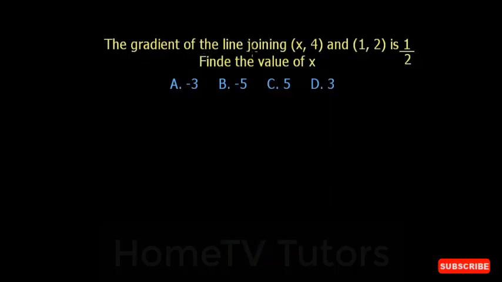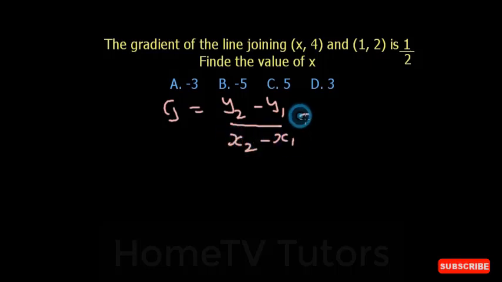The gradient of the line joining (x, 4) and (1, 2) is 1 over 2. Find the value of x. The gradient is equal to y2 minus y1 divided by x2 minus x1.